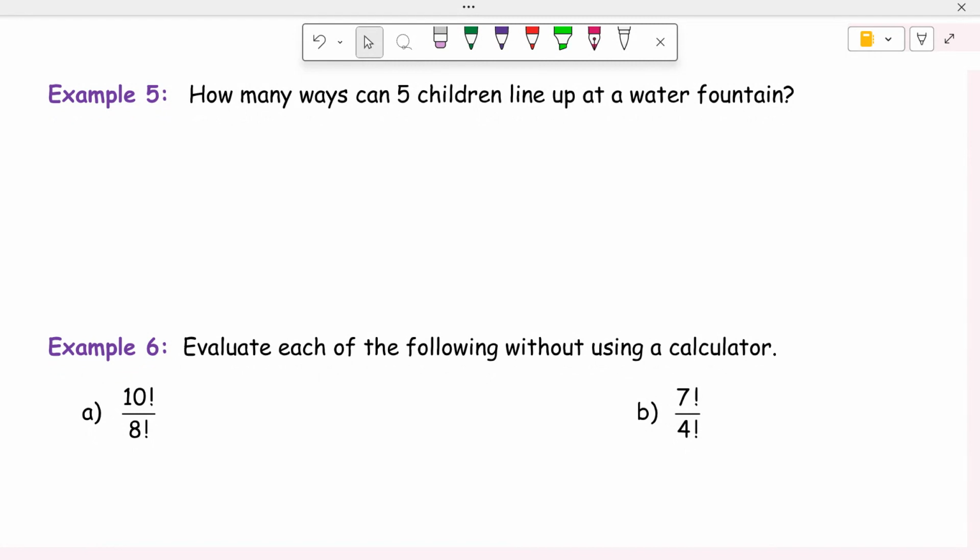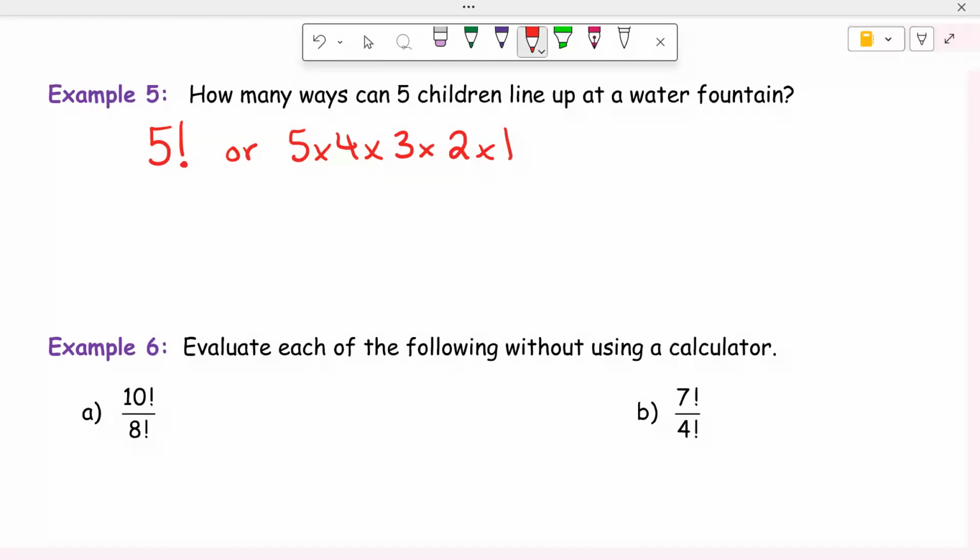So example 5, how many ways can 5 children line up at the water fountain? What are you going to say? 5 factorial. Could you still use your fundamental counting principle or permutations? Yeah, or you could write it 5 times 4 times 3 times 2 times 1. They mean the same thing. You guys are going to notice that in this chapter, there are at least 2 to 4 different ways of writing things the same as we move through the chapter.